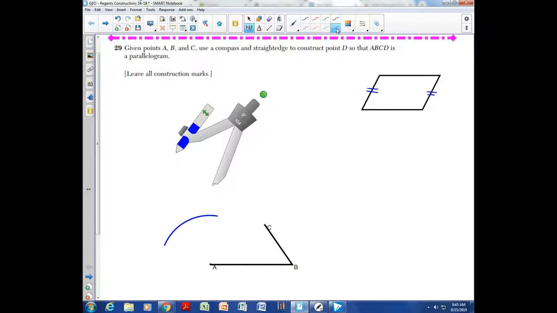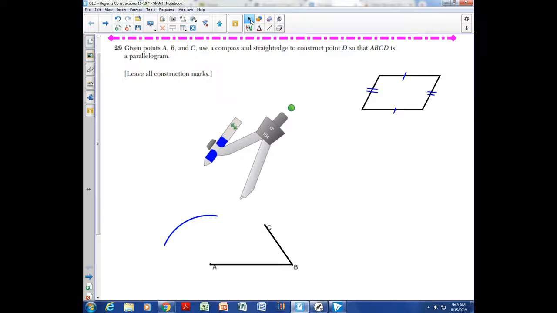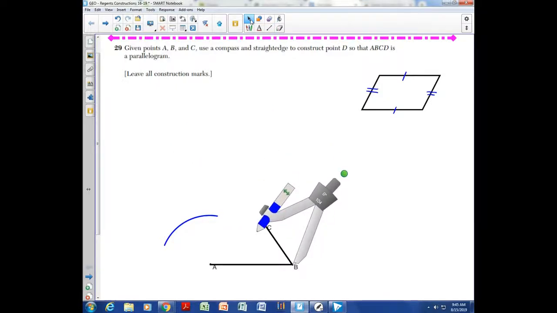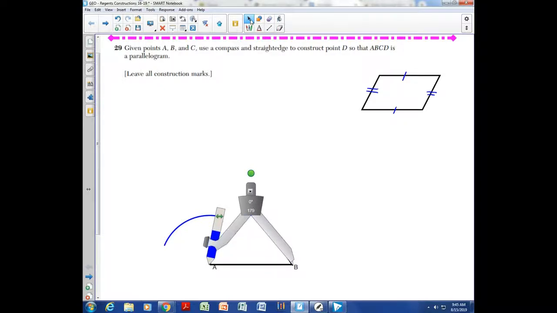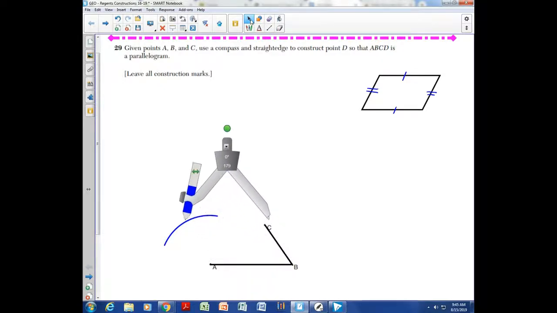Now, we also know that the other opposite pair of sides are congruent, right? If we look up at that other parallelogram, that means that AB will eventually be congruent to CD. So I'm going to bring my compass now down once again and measure BA, or AB. And then I'm just going to carry the pointer over to C and intersect the arc that I just made.